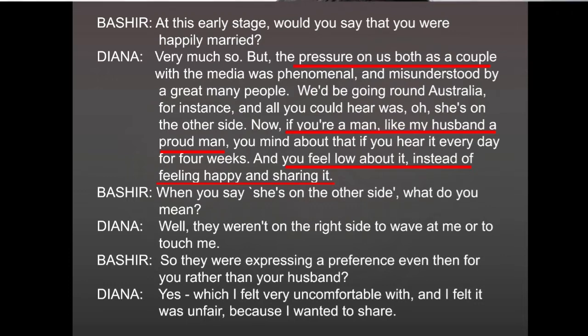There was pressure on her and Prince Charles as a couple because of media attention. In fact, it says that if you're a man, like her husband, a proud man, you will really feel low about it instead of feeling happy and sharing it.